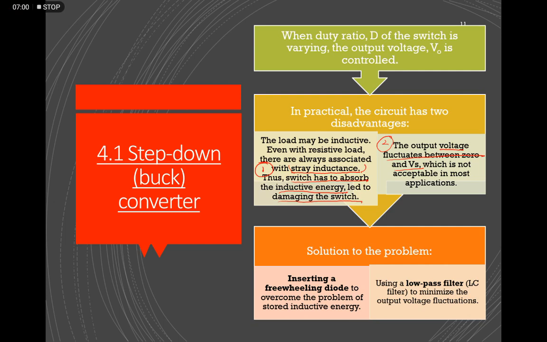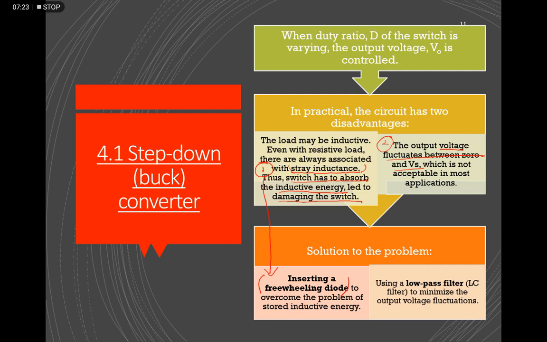With regards to the first problem, when you have the R load, we insert what we call a freewheeling diode inside the circuit in order to provide an alternative path for your current to flow when you have RL load or even R load.